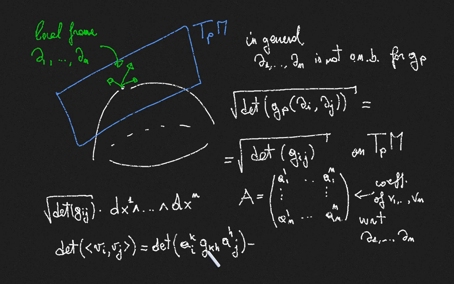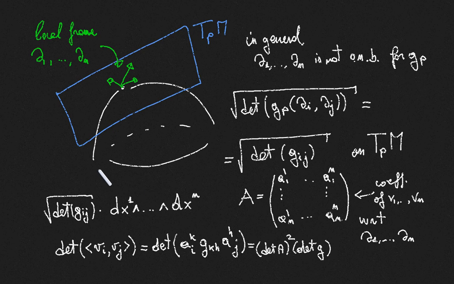Now, if you do all the computations, this is just the determinant of A squared times the determinant of g. And this is the standard representation of the determinant as a multilinear alternating form. So this part takes the determinant of the vectors, and this is the correction. Now, you need a square root of all this, so you need the absolute value of the determinant of A times the square root of the determinant of g. Okay?